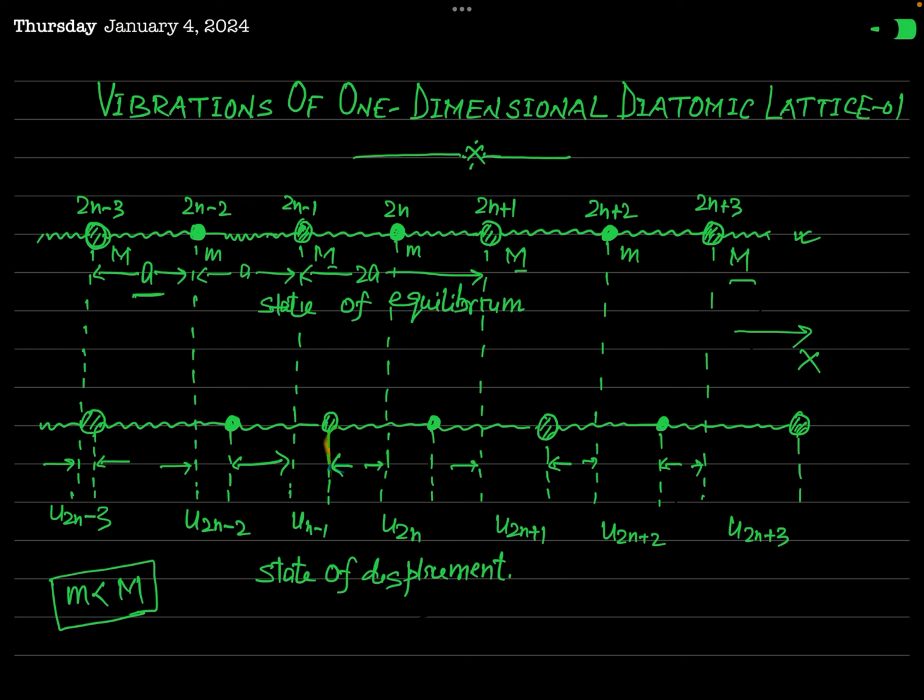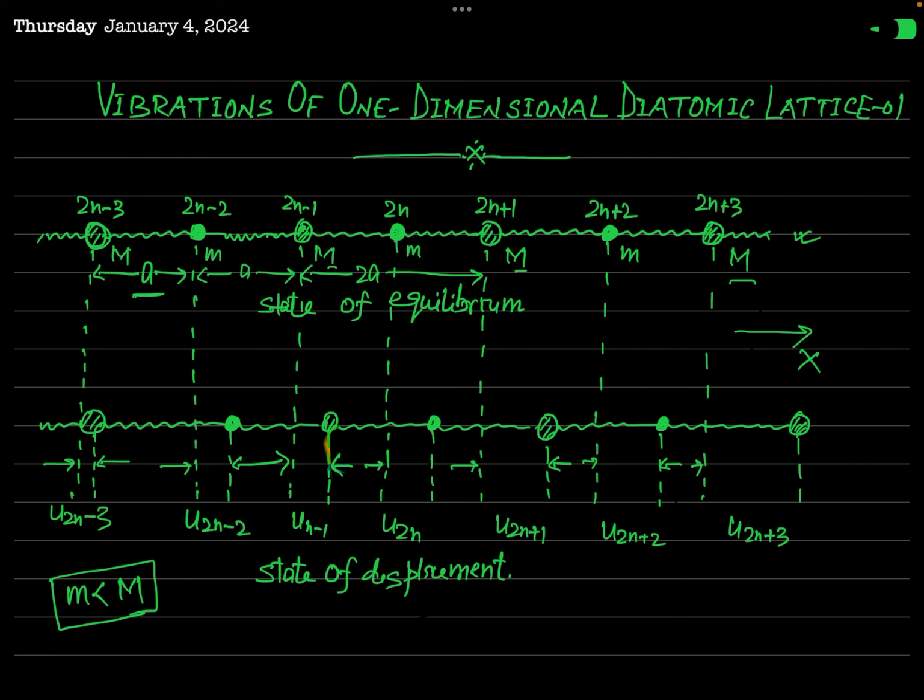Now let us consider this system is disturbed. How will this system be disturbed? As we learnt in the problem of monatomic linear lattice, if your aim is to disturb this system in equilibrium, you must pass some acoustic wave through it.